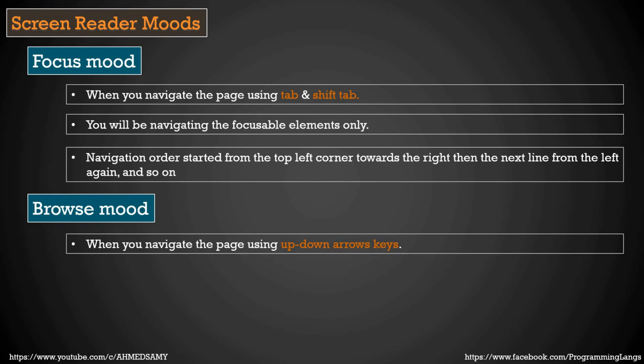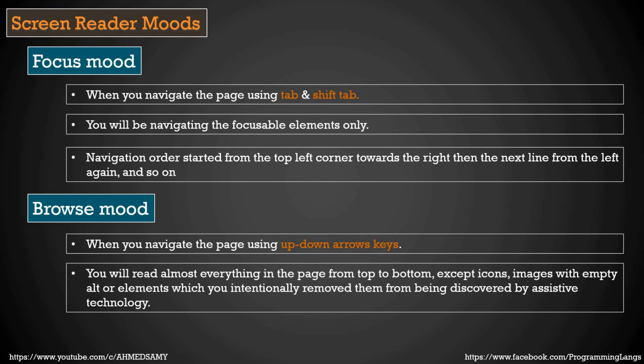The screen reader will announce this header as the article heading. If the user is interested, the user will continue navigating using the up and down arrows to read the article. So that's the purpose of browse mode. In some situations you can hide content from being discovered by assistive technology by using some ARIA attributes, which we'll speak about next.